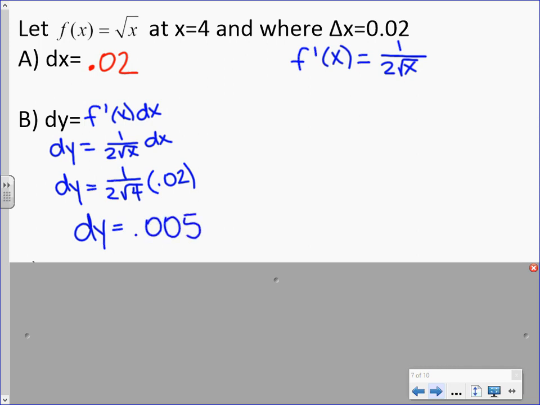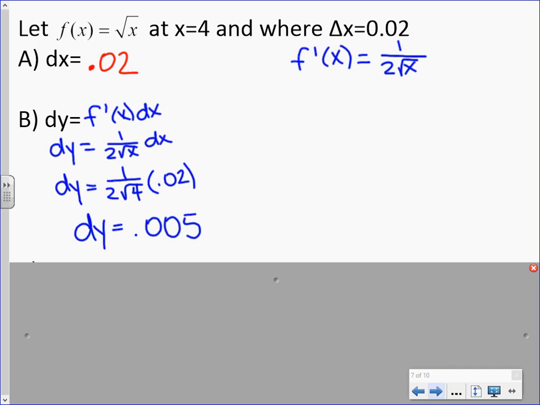Okay. What did we just find? Well, we're almost there. This is basically saying on the tangent line, our change in y is 0.005.